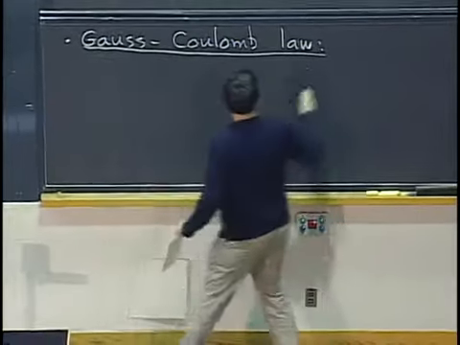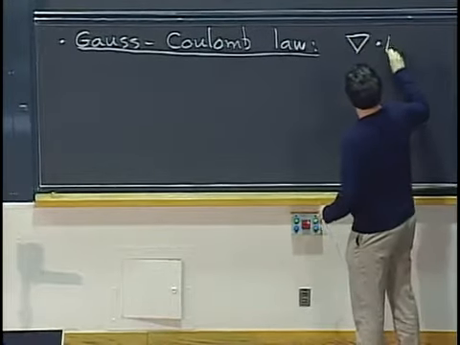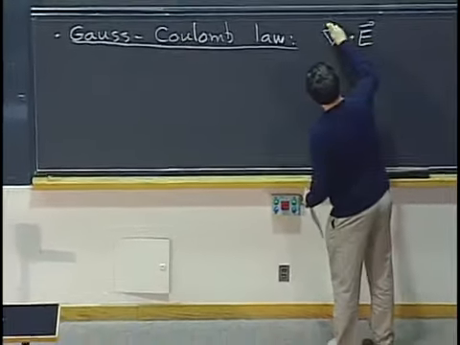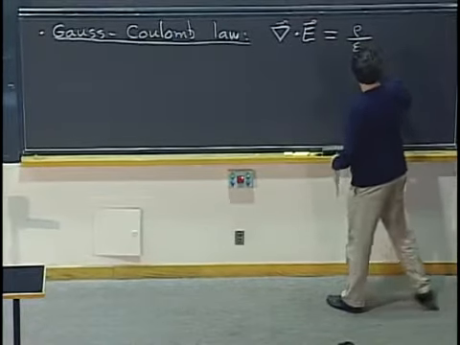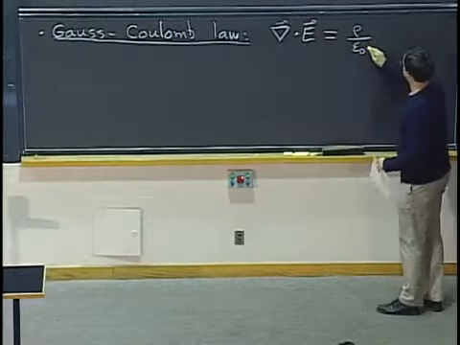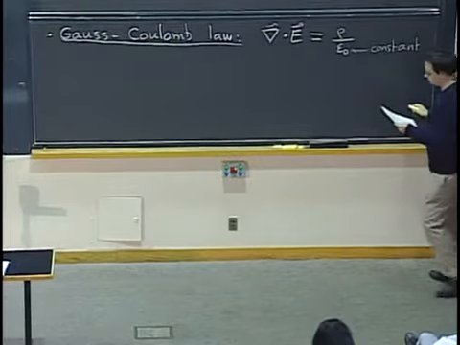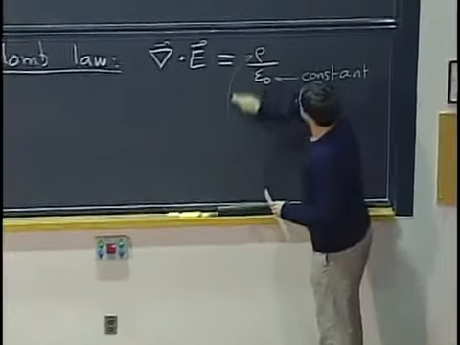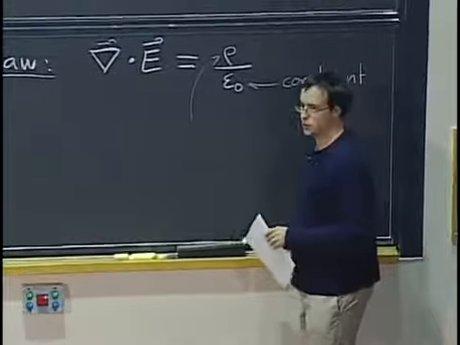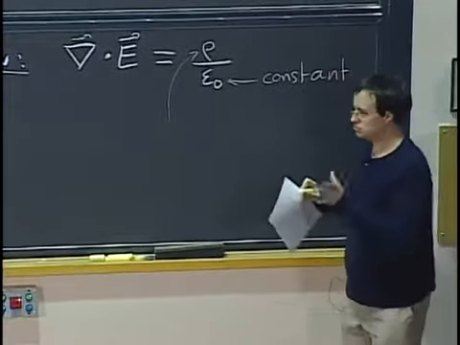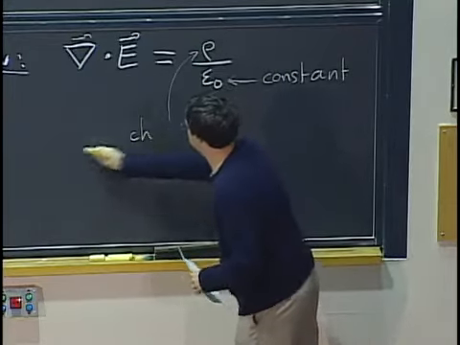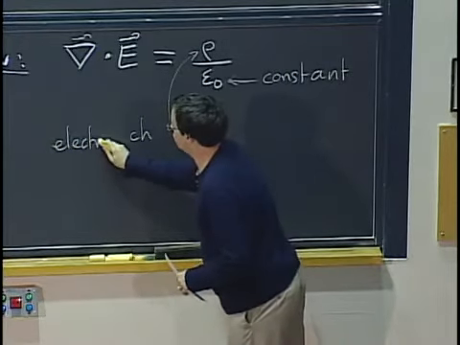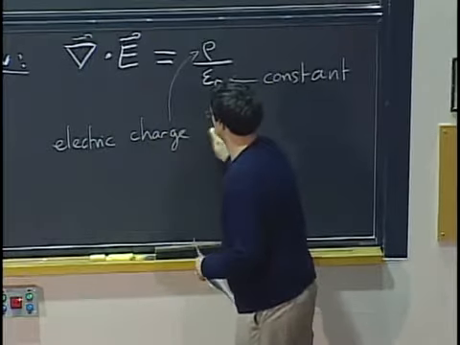And it says that the divergence of the electric field is equal to, so this is just a physical constant. What it's equal to depends on what units you're using. And this guy, rho, well, it's not the same rho as in spherical coordinates because physicists somehow patented the use of that letter first. It's actually the electric charge density.